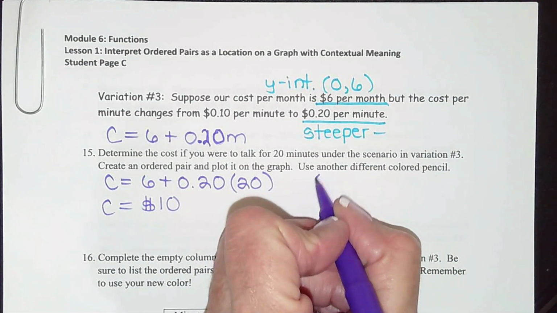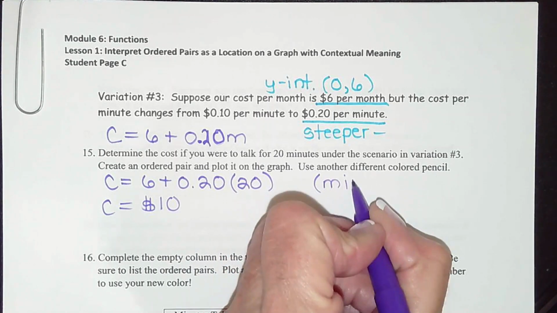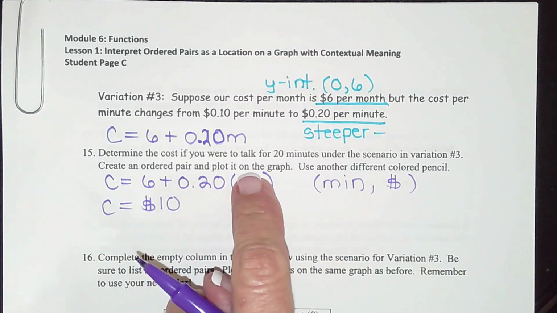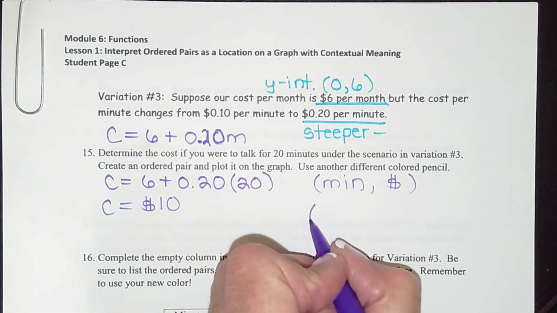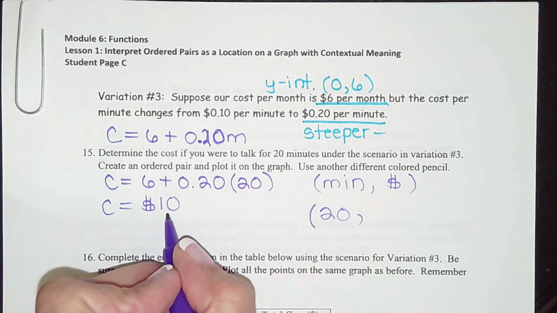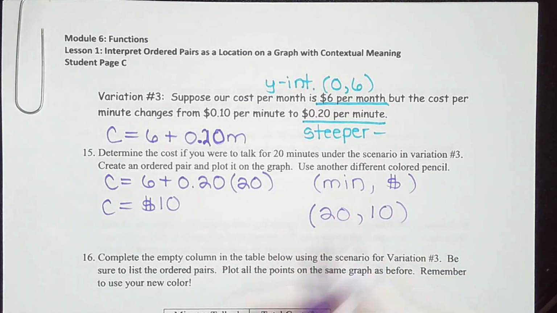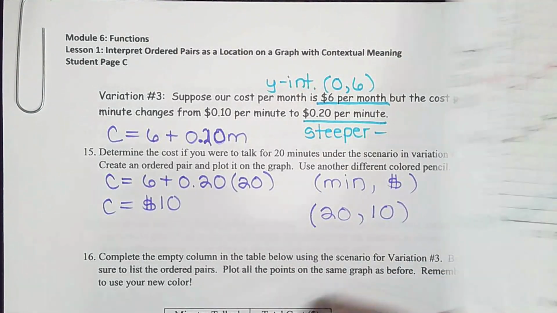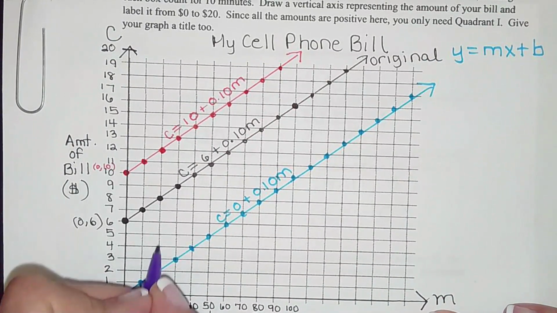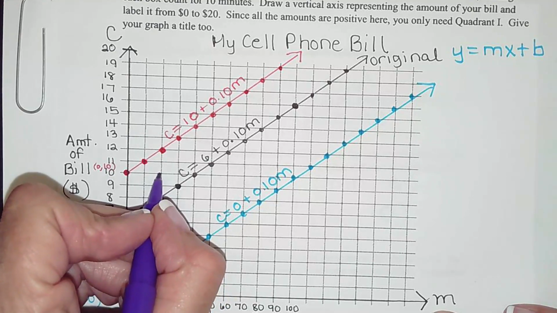So back to the basics: minutes, comma, cost. Write an ordered pair, plot it. So minutes 20, cost 10. So in a different color, go to your graph and plot the point 20 all the way up to 10.